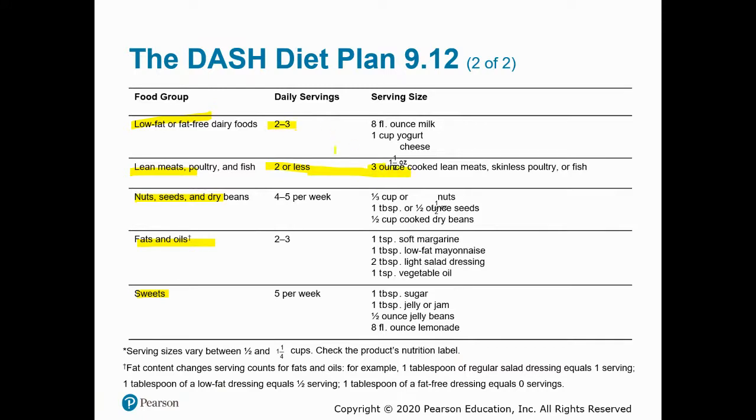Dairy products, 2 to 3 per day, again making sure to choose low sodium options or making sure there's not sodium added to it. Nuts, seeds, and dry beans, 4 to 5 times per week. Fats and oils, 2 to 3 per day. And then sweets, 5 per week. You can also see the sweets include some sweetened beverages and otherwise are pretty small amounts of sweets over the course of the week.